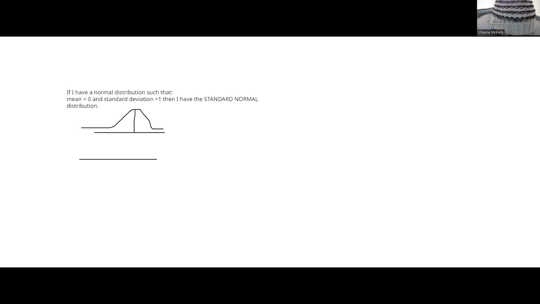Let me get a pen that actually works. Okay, so here's 0. And if I'm labeling it like you're used to, 1, 2, 3 standard deviations, right?